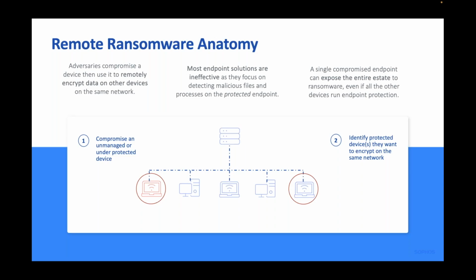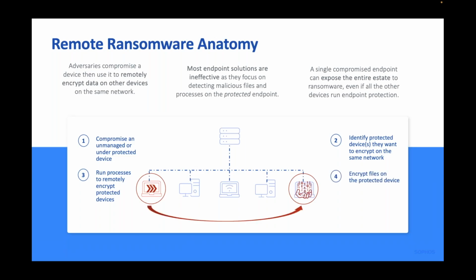And sometimes, even if those devices have some form of endpoint protection on them, as I've already mentioned, many of the vendors out there don't offer protection of data that is being encrypted using some kind of remote command, because that's exactly what they want to do next. So once they've identified these machines that have that data on them, they will launch processes to remotely encrypt the data on those devices. And from there on in, this is the standard ransomware attack.